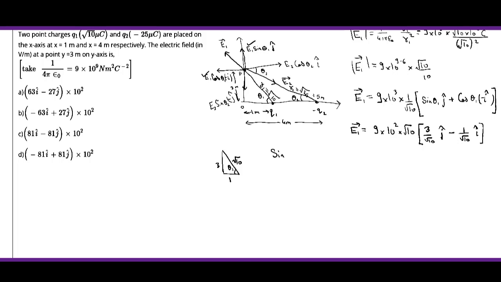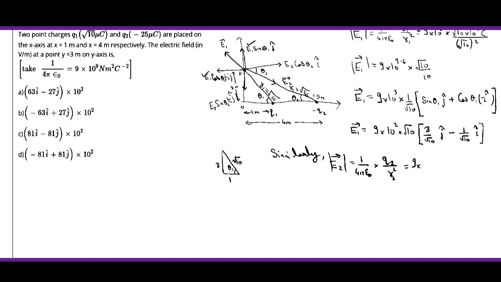Similarly, we will find the value for E2. So E2 in magnitude will be equal to 1 upon 4 pi epsilon naught into Q2 upon R2 square. Negative just represents the direction, so we are not taking it here.